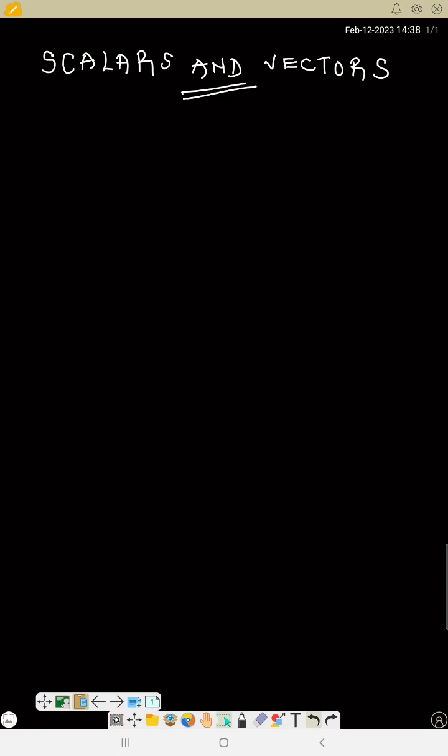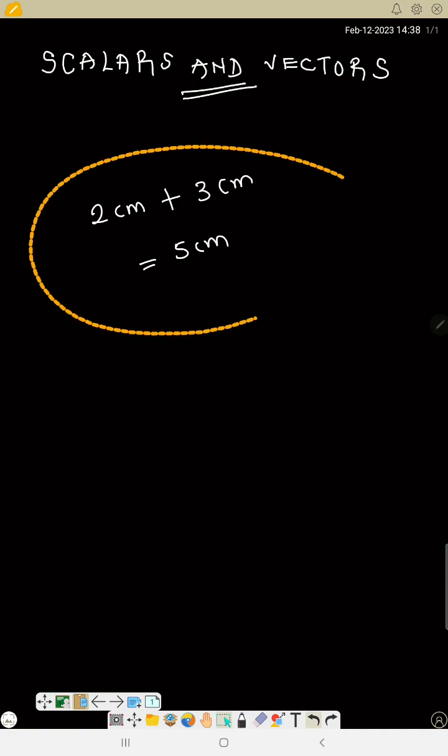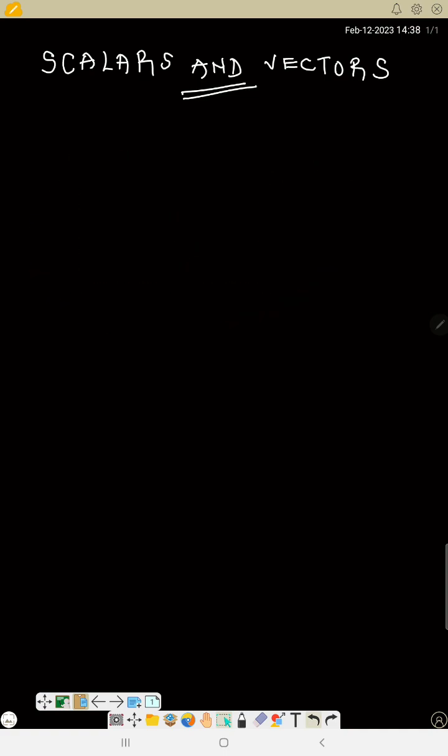Therefore, normal algebraic methods can be used to solve scalar quantities. That is, I can say 2 centimeter plus 3 centimeter and I will get 5 centimeter, just like our normal algebraic method.